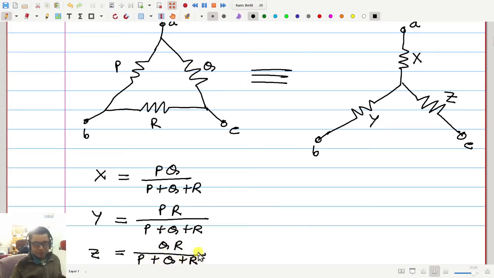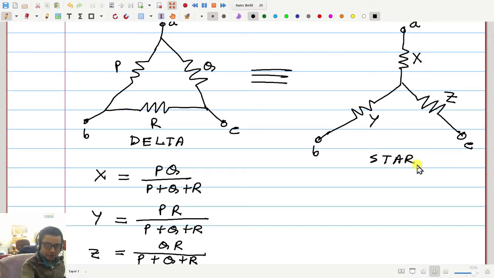So we can say that if three resistances are connected in the form of this triangle, we call this a delta configuration because it looks like the Greek alphabet delta. And this configuration is called a star configuration.